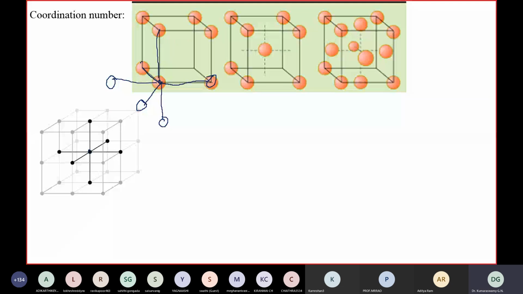So in simple cubic, an atom is surrounded by how many atoms? 6 other atoms. Sir, coordination number, can you please repeat that? In simple cubic, an atom is surrounded by 6 other atoms. So its coordination number is 6. Write this down.